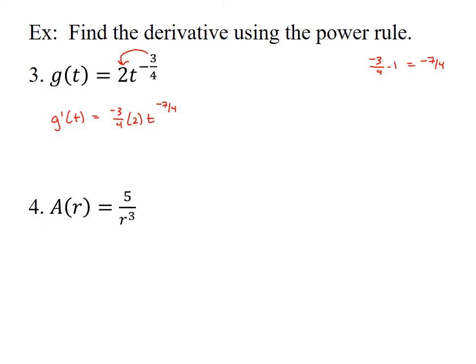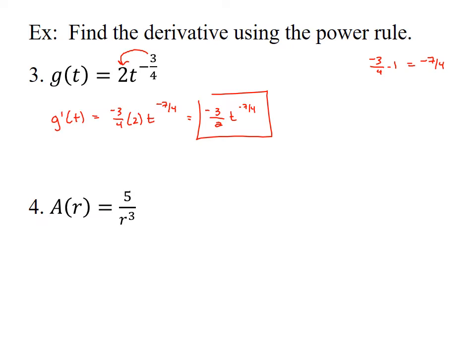If you simplify the two constants, negative 3/4 times 2 would give you a negative 3/2 t to the negative 7/4. So just make sure you're comfortable subtracting 1 from fractions. We'll see a lot of that, especially when we get to radicals a little bit more later.